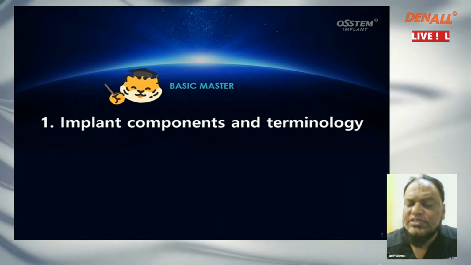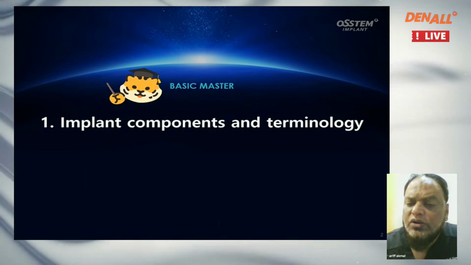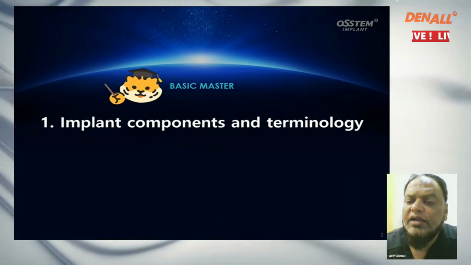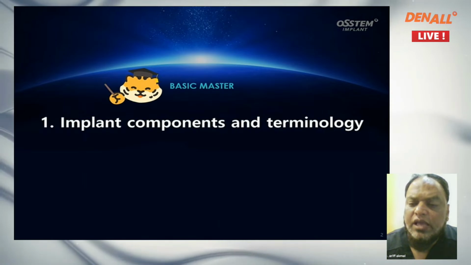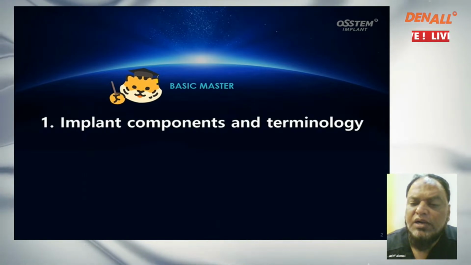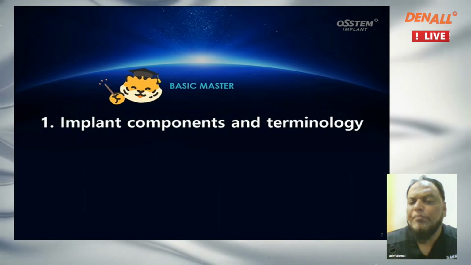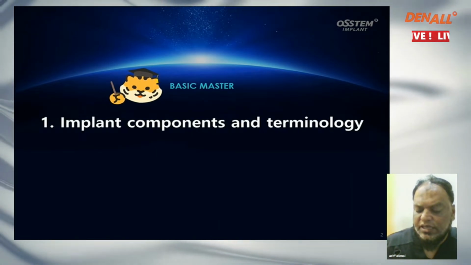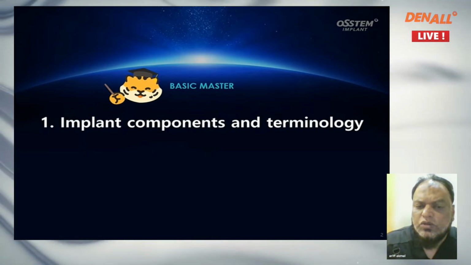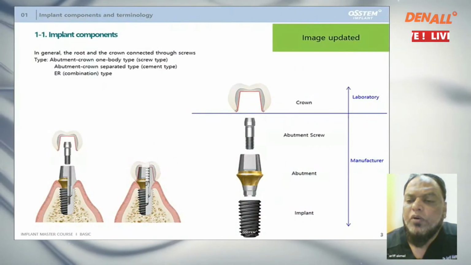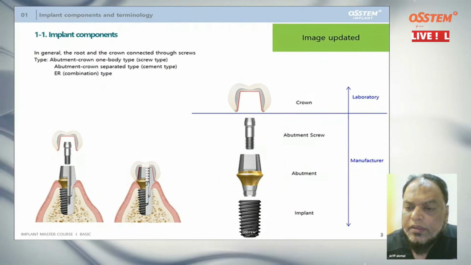So with this, like yesterday, as I told you, we had a discussion about what an implant is, where we can place, what is single tooth implant, what is multiple, what is full arch. So what are the things which come into implant dentistry when we start placing? The part which goes into the jaw or the bone is called the implant.